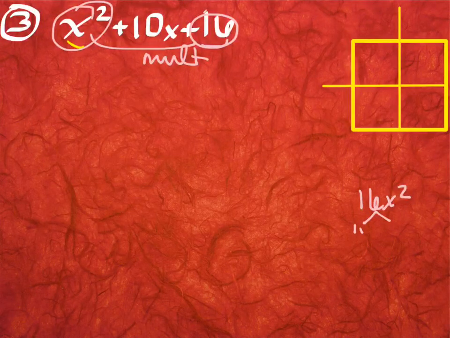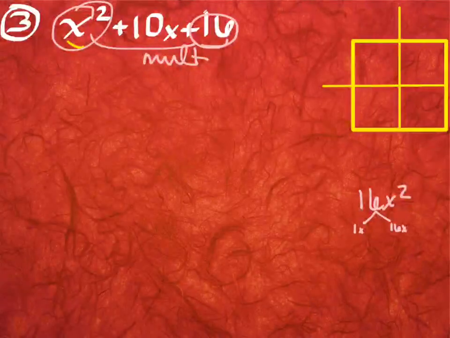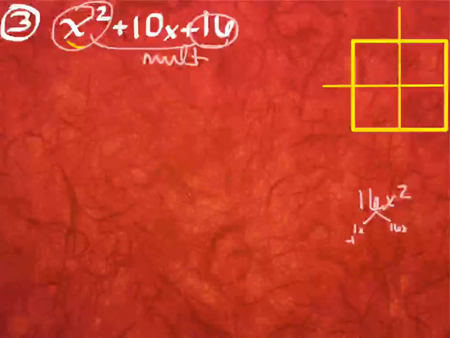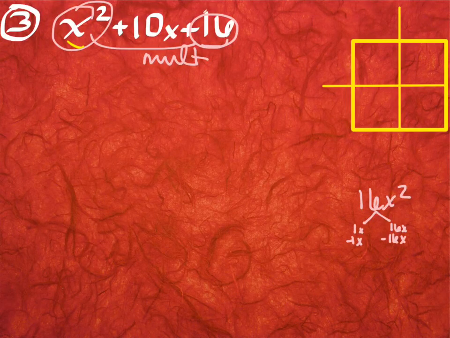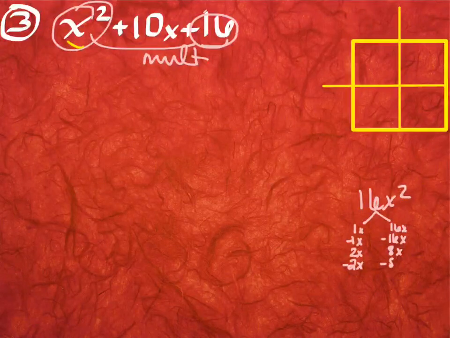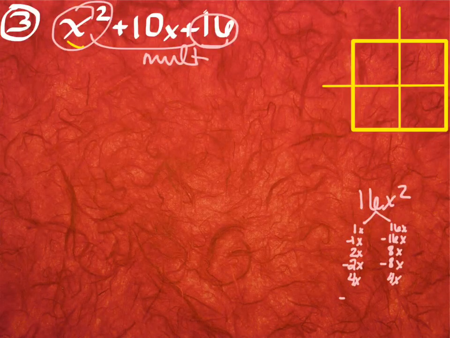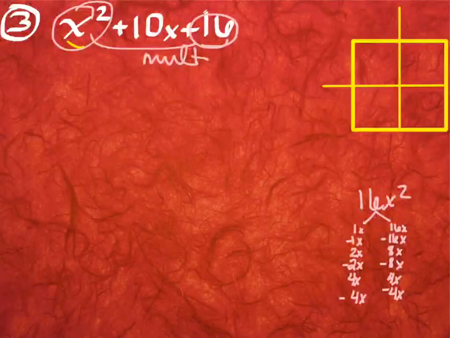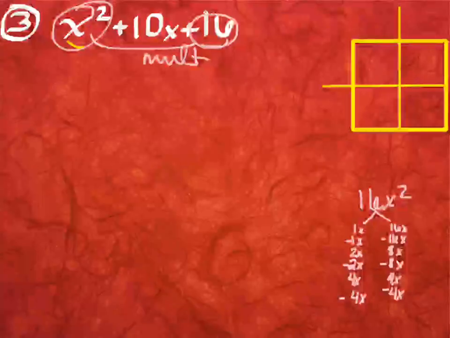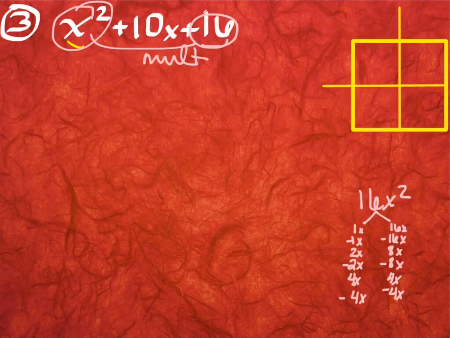We have 1x and 16x, negative 1x and negative 16x, 2x and 8x, negative 2x and negative 8x, a positive 4x and a positive 4x, and a negative 4x and a negative 4x. This time we're looking to see if we can come up with a sum that is equal to that middle term, which was 10x.